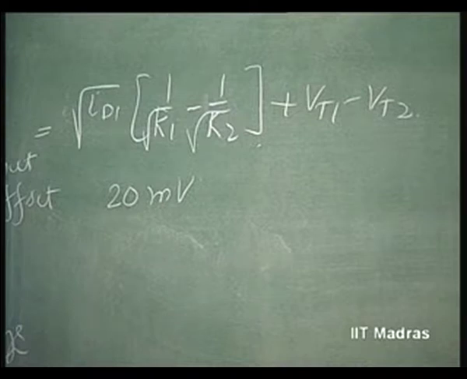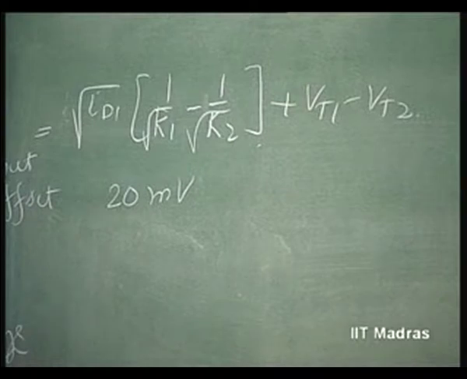So, an order of magnitude higher input offset voltage for MOSFET. This is to be borne in mind by a design engineer, because we will therefore never use a MOSFET as a differential amplifier stage at the input of any amplifier if offset has to be reduced.